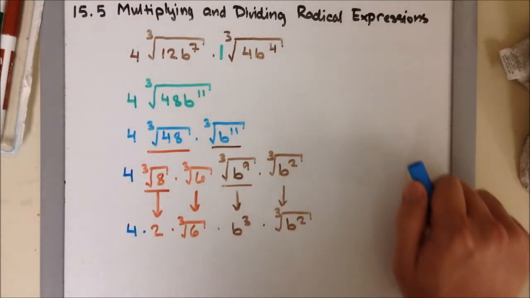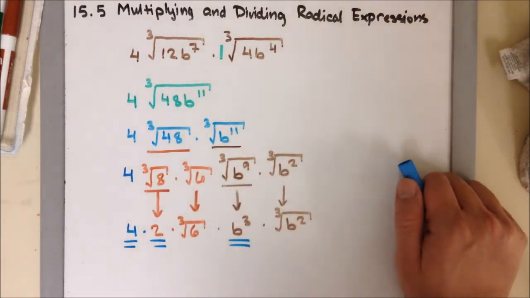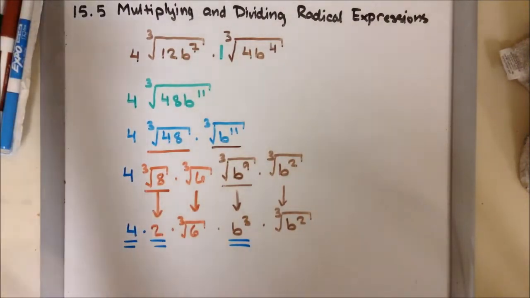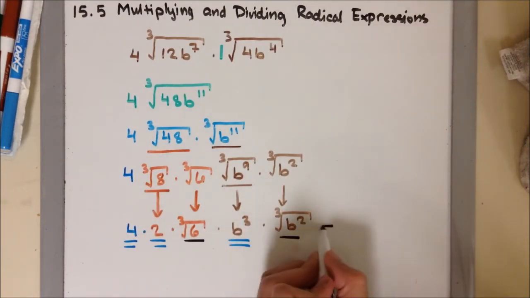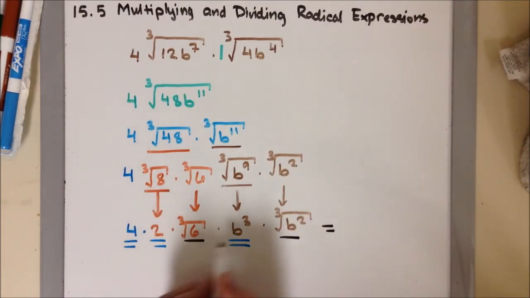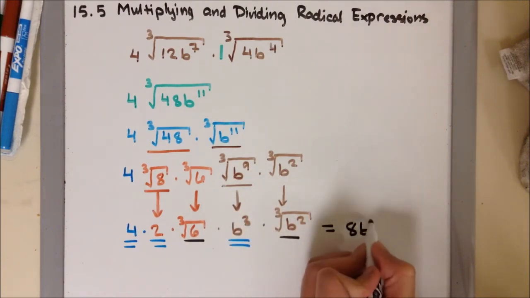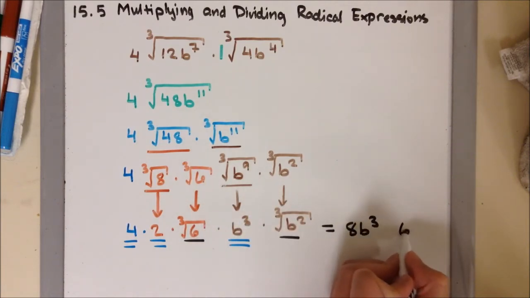And it's multiplying. Alright, so everything that's without the radical, I'm going to combine together. And then the ones with the radical, I'm going to combine and put in the back. So 4 times 2 times b to the 3rd power will be 8b to the 3rd. Then the ones with the radicals, I'm going to put together as 1.